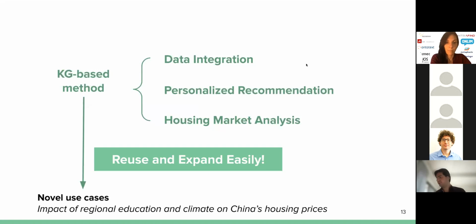Okay, so to conclude, what we have here is a knowledge graph based method. We thought of this as a general framework for housing market analysis that has the components I talked about before, starting from data acquisition and entity linking and semantic modeling.